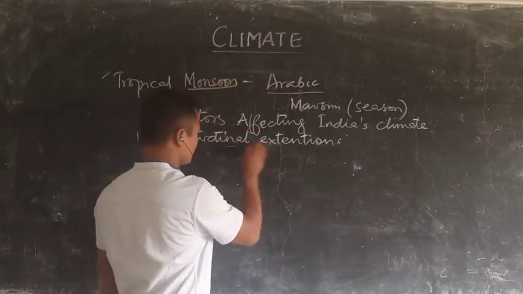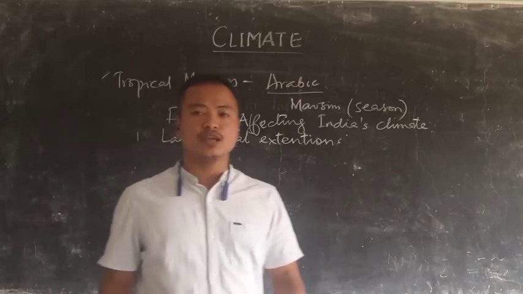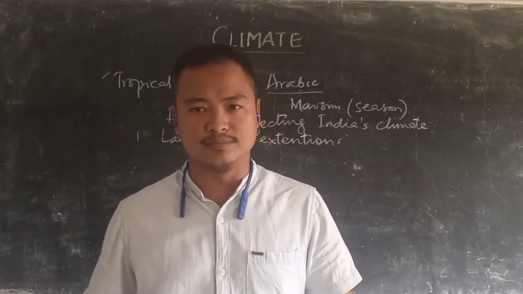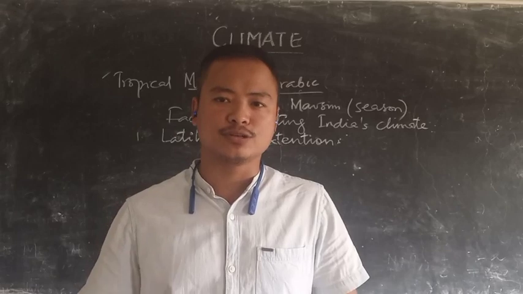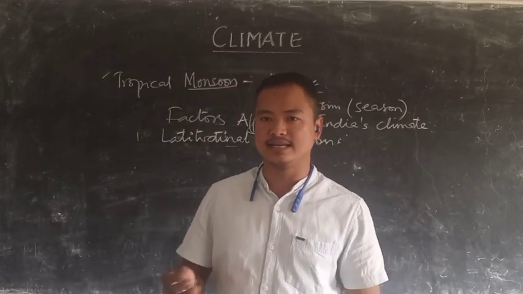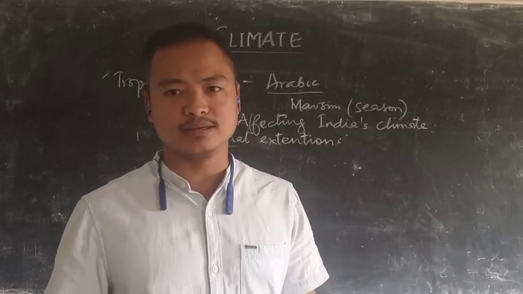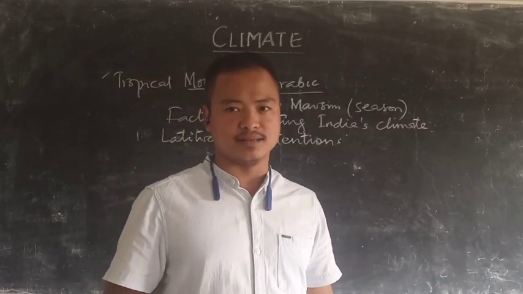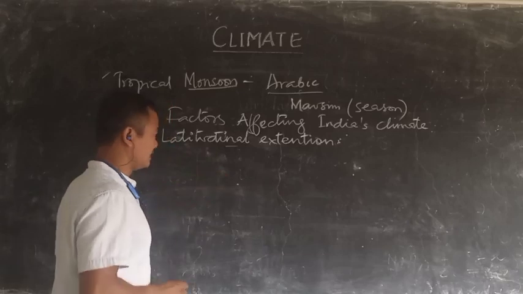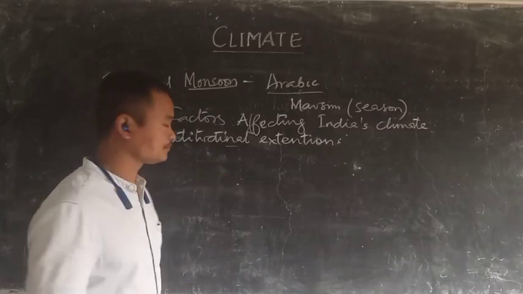Hence, on the basis of the latitudinal extension, those areas that are located mostly in South India, which is close to the equator, experience high temperature, while North India, which is far away from the equator, has lower temperature. So this is where we talk about the latitudinal extension.